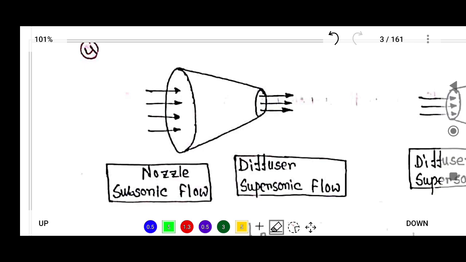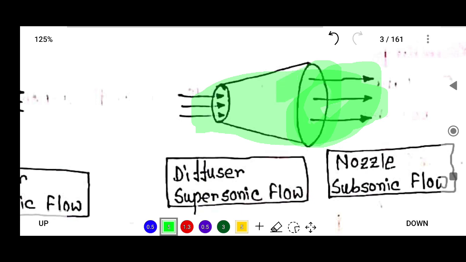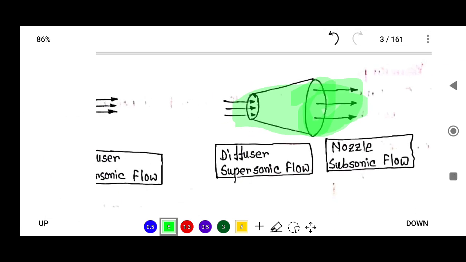And here, this is the symbol of a diffuser. Here the inlet area is less and the exit area is large.